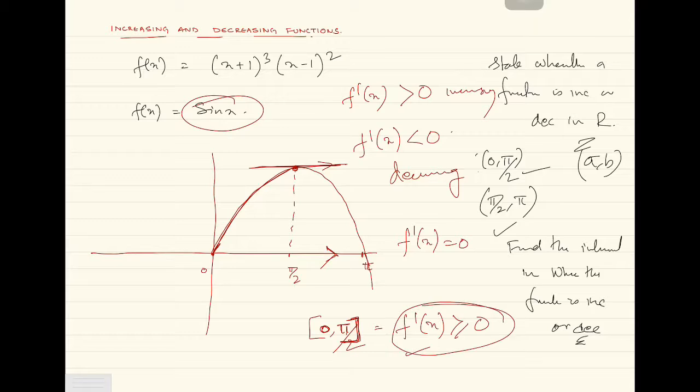So I can say f dash x is greater than or equal to 0 in the closed interval 0 to pi by 2. Similarly, between pi by 2 and pi in the closed interval, f dash x will be less than or equal to 0. Got it, everyone? Yes. So it depends on how the intervals are given to us and how it is asked.